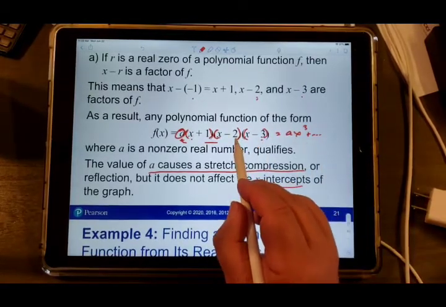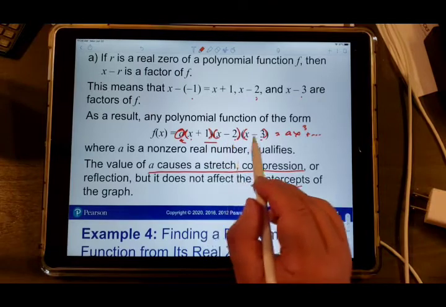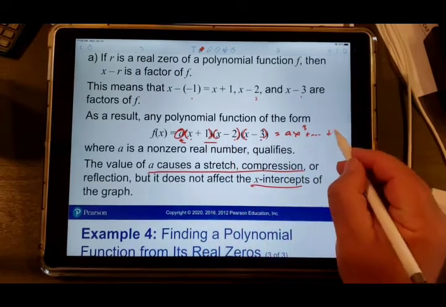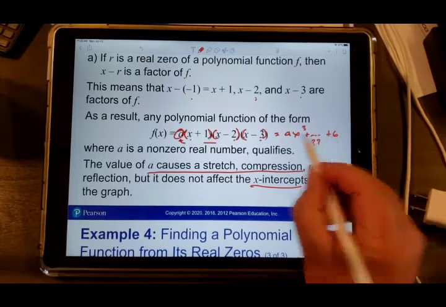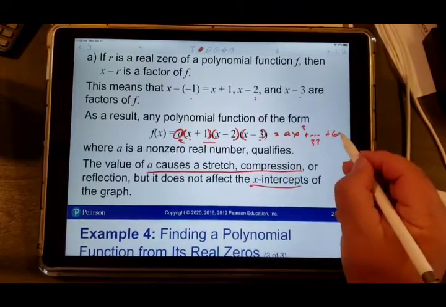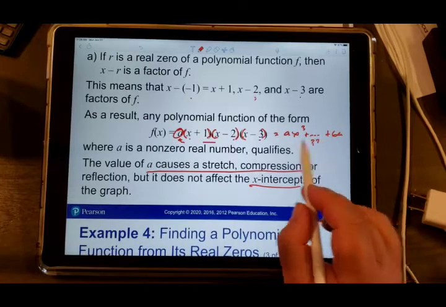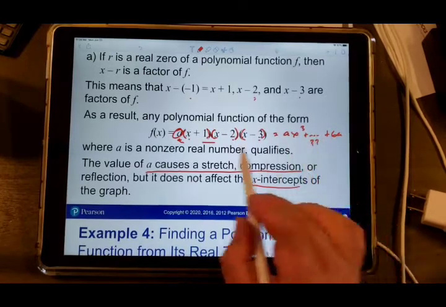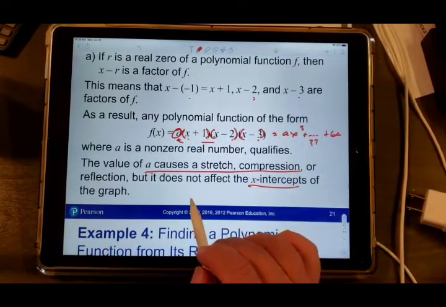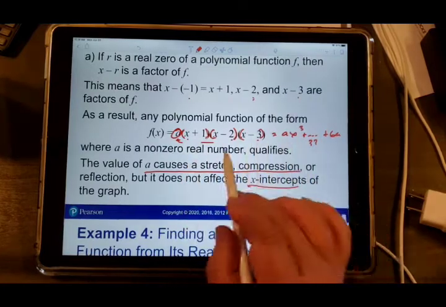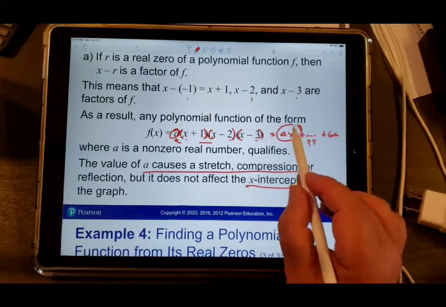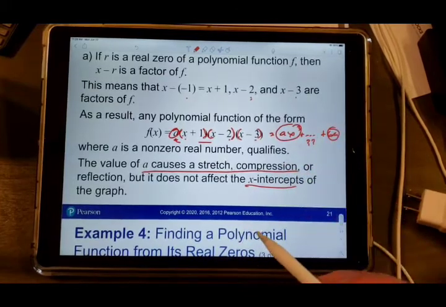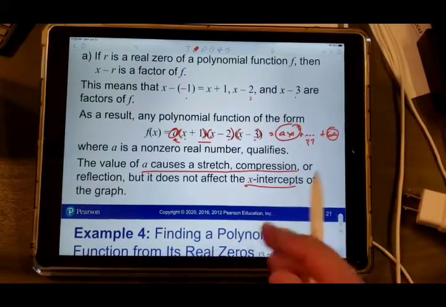This 3 times this 2 times that 1, 2 of them are negative. I would end with a plus 6, times a. What exactly happened in the middle would take a lot of work with the distributive property and such. So it's not worth the extra effort to put it into polynomial form, but identifying the first term and the constant might be something we'll need to do.